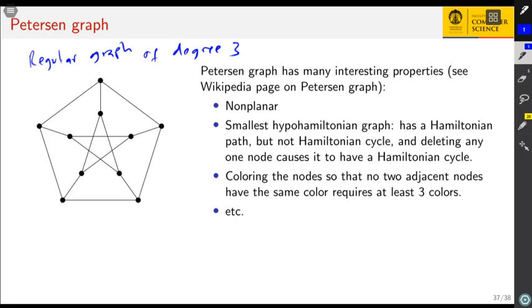If you want to read up, look up the Wikipedia page on the Petersen graph, and you will see that although it's not that complicated, it only has 10 nodes and 15 edges, there are a number of interesting properties that people study on it. I mention a few of them here. In fact, we will study Hamiltonian paths and Hamiltonian cycles later on.